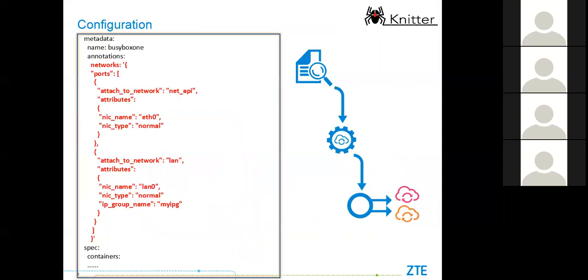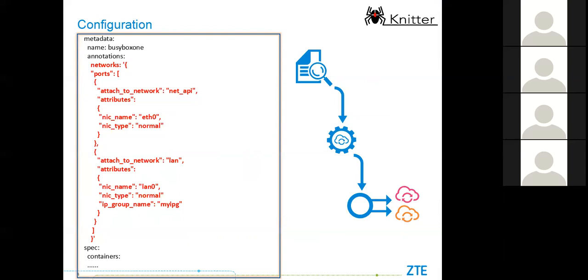This is the configuration of network attachment selection in the pod annotation. It's kind of different from the current specification, but we will change it in the future. Users can specify what networks the pod wants to attach to, and some pod-specific attributes for the network attachment.